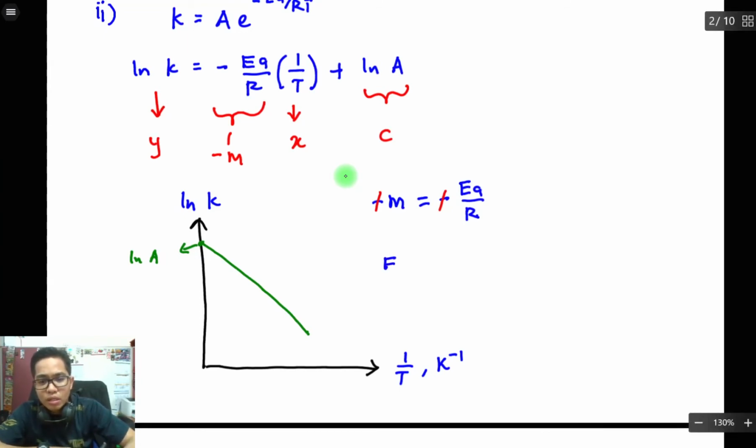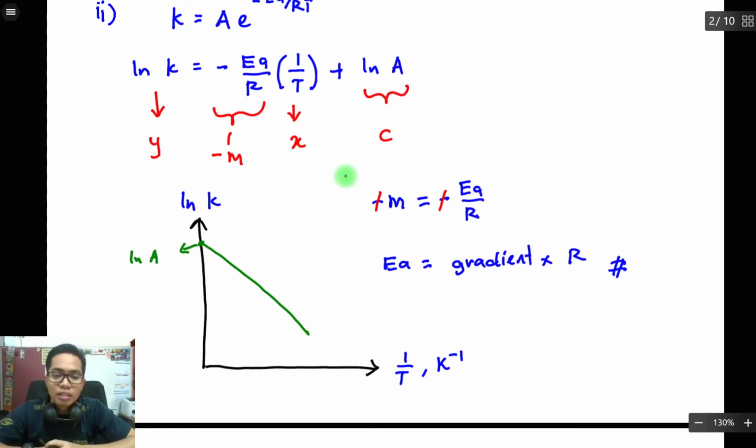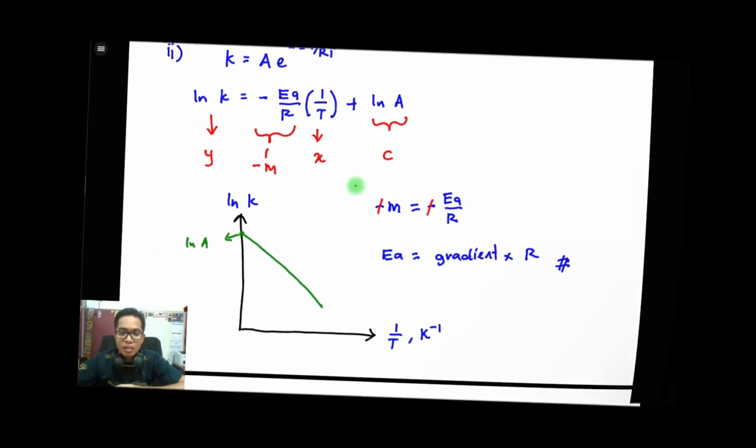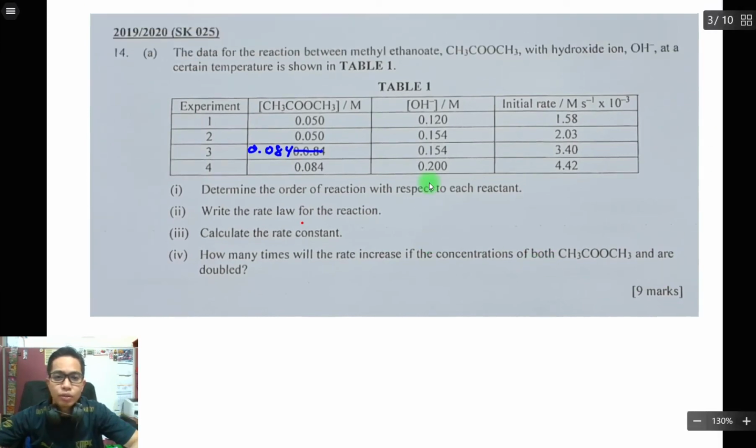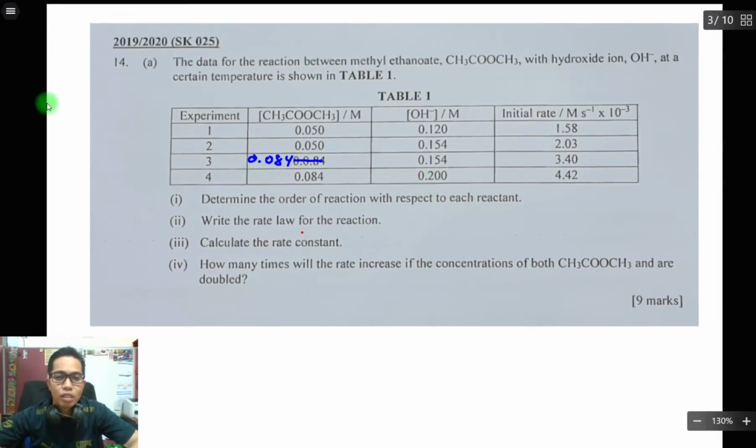So EA is equal to our gradient times the gas constant R. That's it, that is all for question number 13B. Assalamualaikum warahmatullahi wabarakatuh. Let's continue to question number 14.